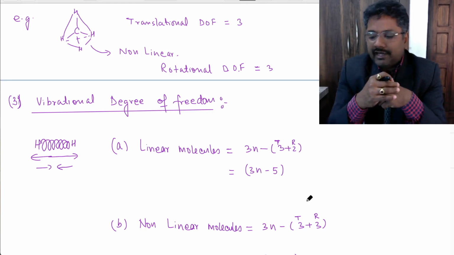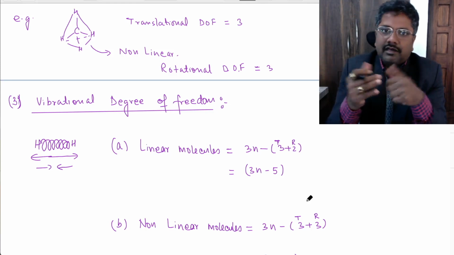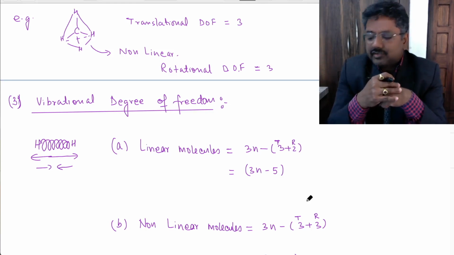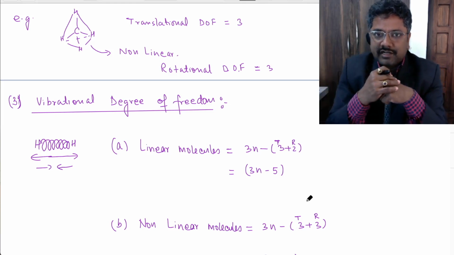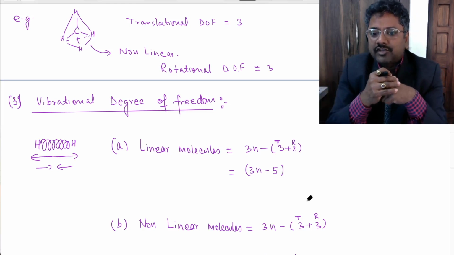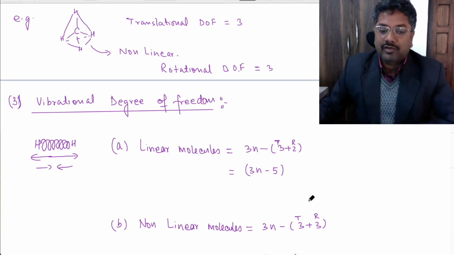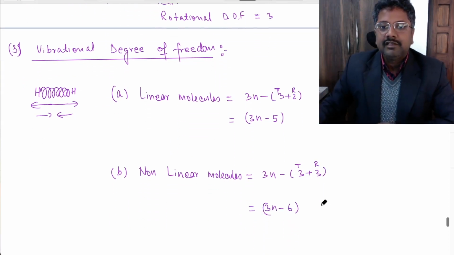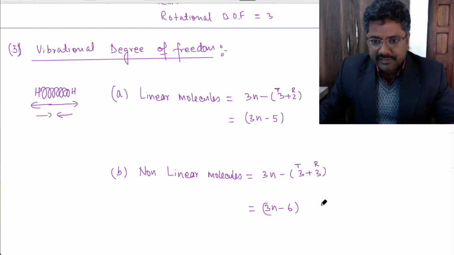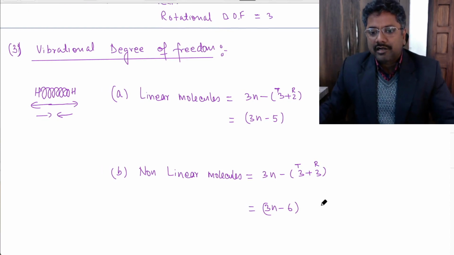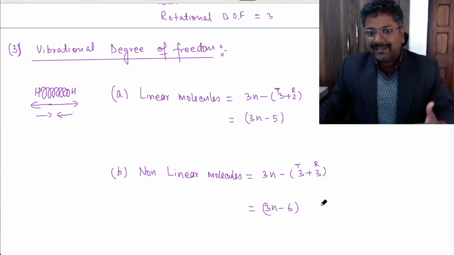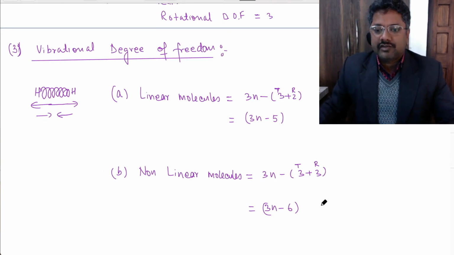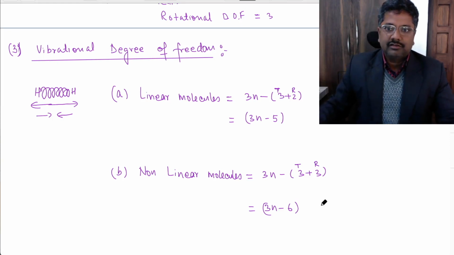This is why in solids the greater contribution is of vibrational energy, not rotational and translational, right? Vibrational degree of freedom contributes more in liquids and solids than in gas. In gas, translational and rotational are the major contributors, right?